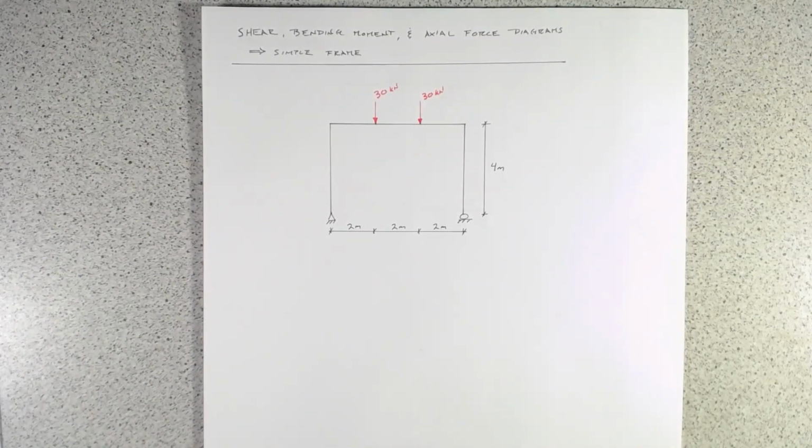We want to work with slightly more complicated structures because, as structural engineers, when we use these diagrams to understand the demands around a structure so that we can design them appropriately, our structures are going to be more complicated than just beams.